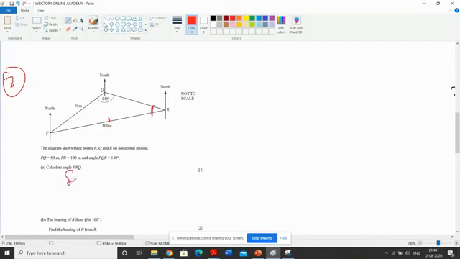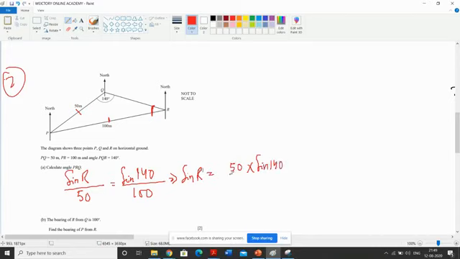Angle PRQ, so this angle R we need to find out. So we can write sine of R divided by the opposite side. The opposite side of R is PQ, which is 50, equals sine of 140 divided by 100. Very simple. You just need to manipulate and write sine R equals 50 multiply sine 140 divided by 100.